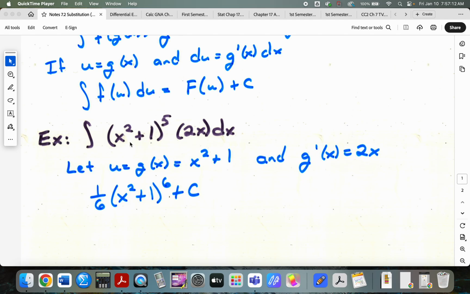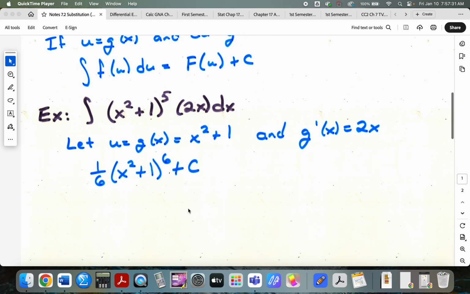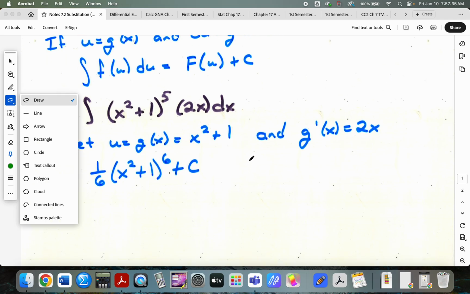So we just take the antiderivative of the outside part. So the outside part is raising this to the 5th power. So we're going to add 1 to the power, multiply it by the reciprocal of the new power, leaving the inside part alone. Bada boom, bada bing. That's our answer.